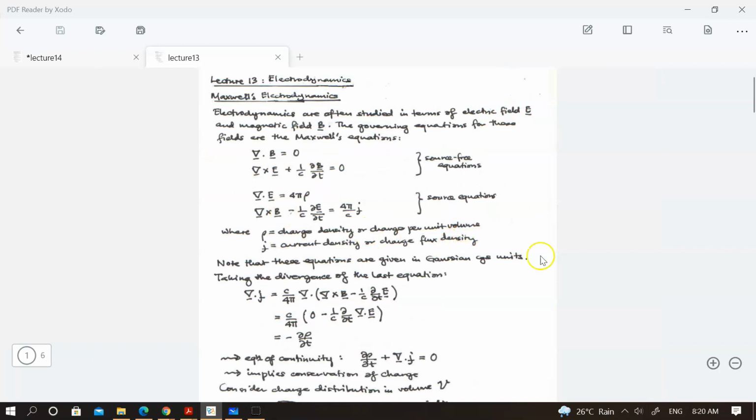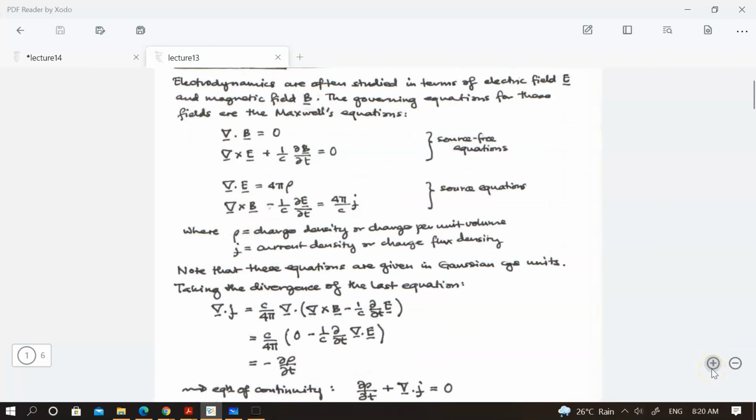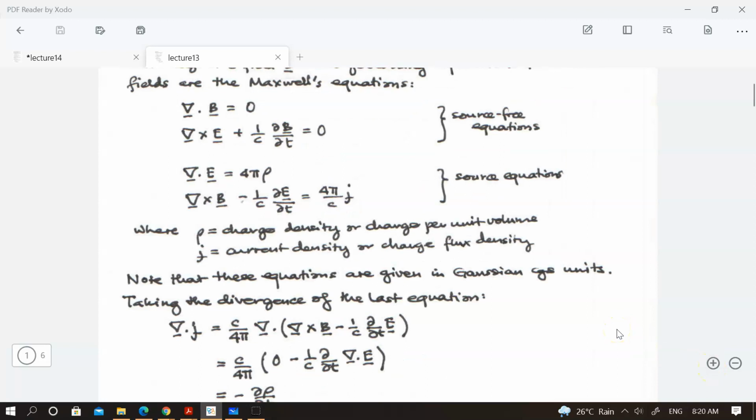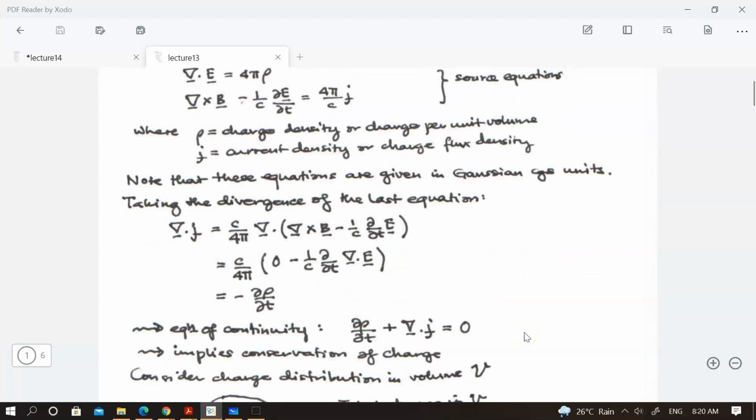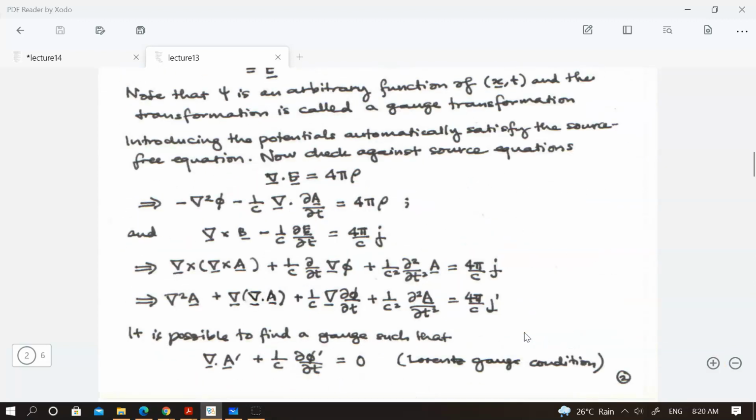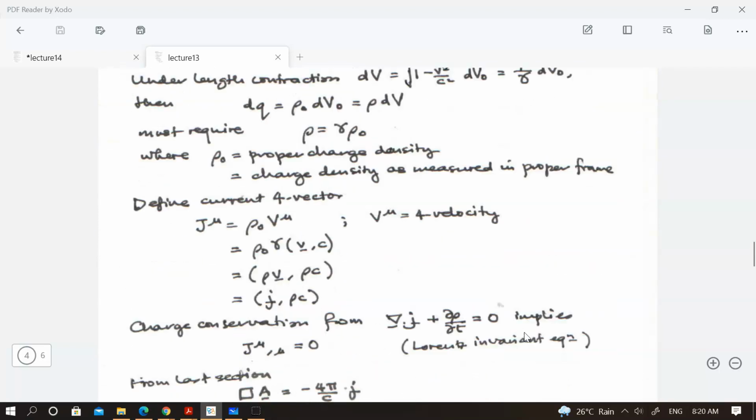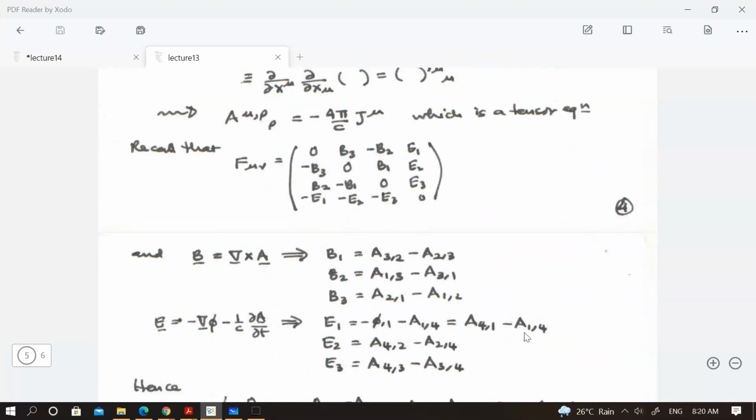Okay, so let's just recall this, for example. You can see, for example, over here. Again, this is very much more important now because it will tell us which one is the electric field and which one is the magnetic field.